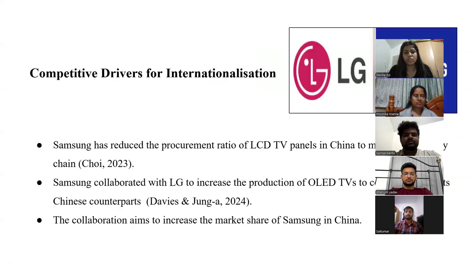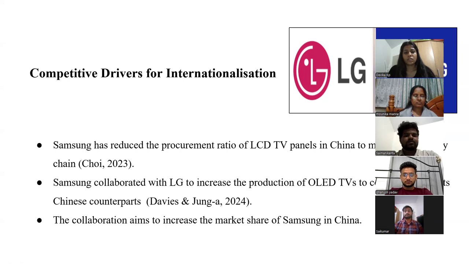The next slide shows the comparative drivers for internationalization. This slide discusses the comparative drivers of the internationalization of Samsung in order to compete with its Chinese counterparts. Samsung has reduced the production ratio of the LCD TV panel to maintain a continuous supply chain.